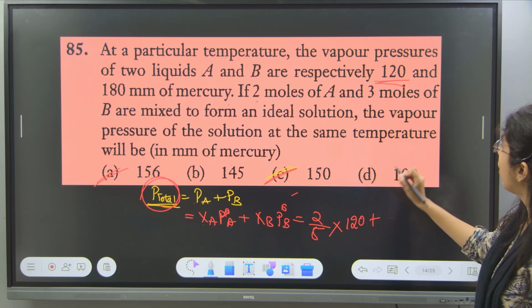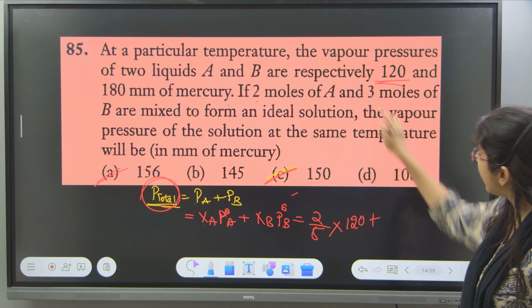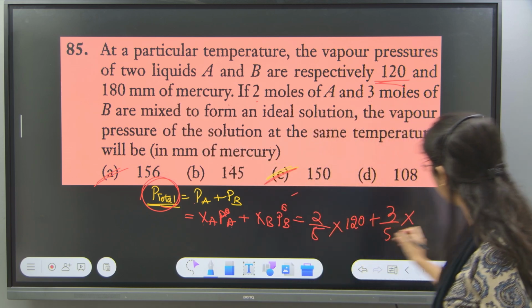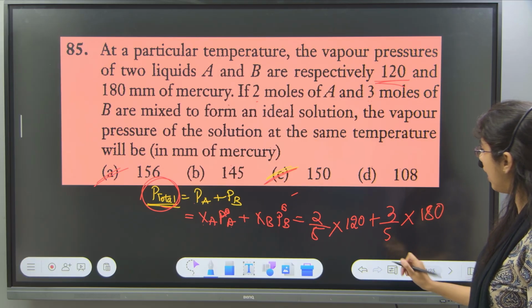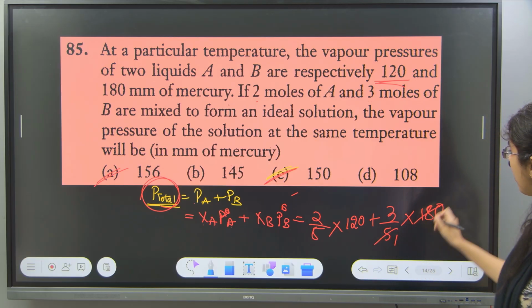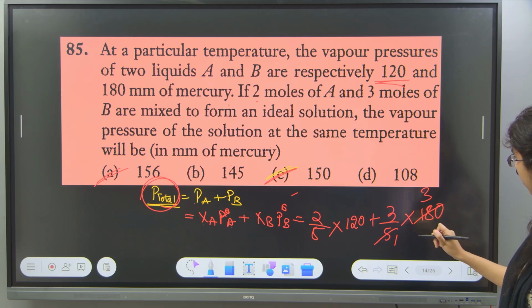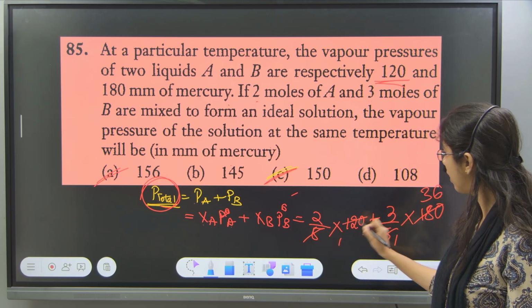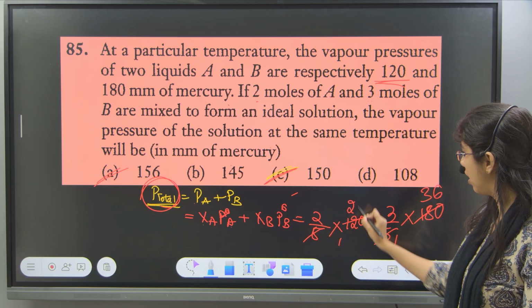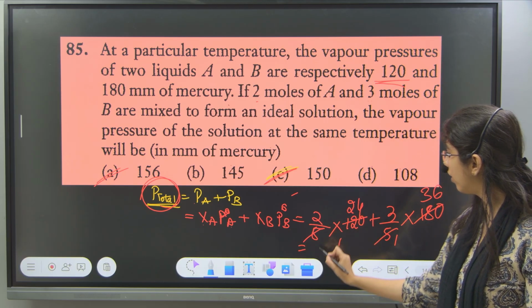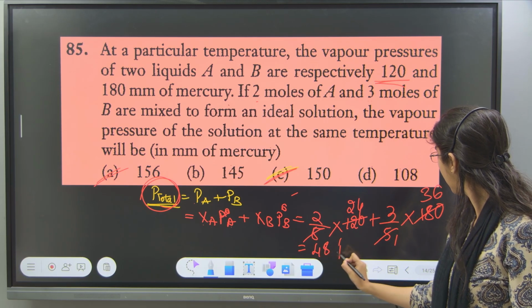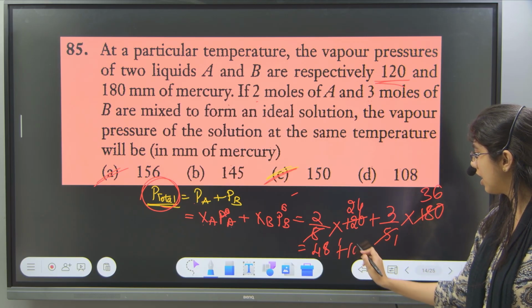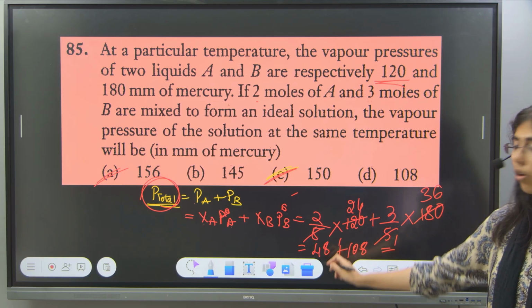Plus, mole fraction of B would be 3 by 5 again into total 180. So this is 36, and 24 right? So this is 48 plus 108.